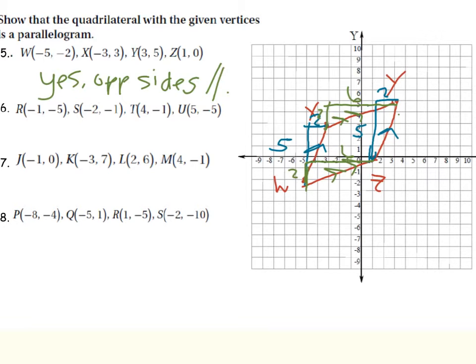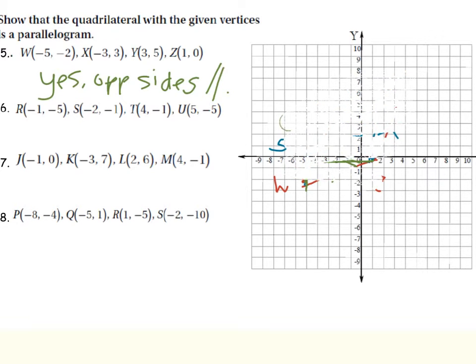Okay, number 17. Let me clear my board. Okay, number 17, J is at -1, 0. So there's J. K is -3, 7.